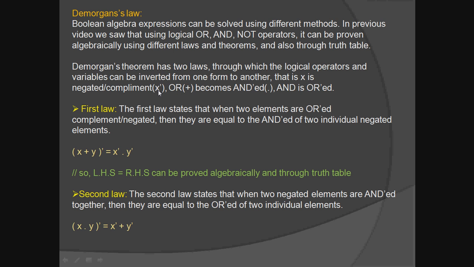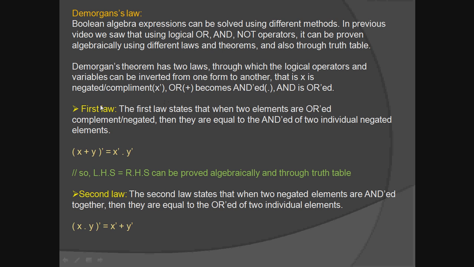The OR, that is the plus symbol, will become AND, that is dot, and AND will become OR, that is plus. So plus will become dot, dot will become plus, and x will become the x complement, or inverted complement.